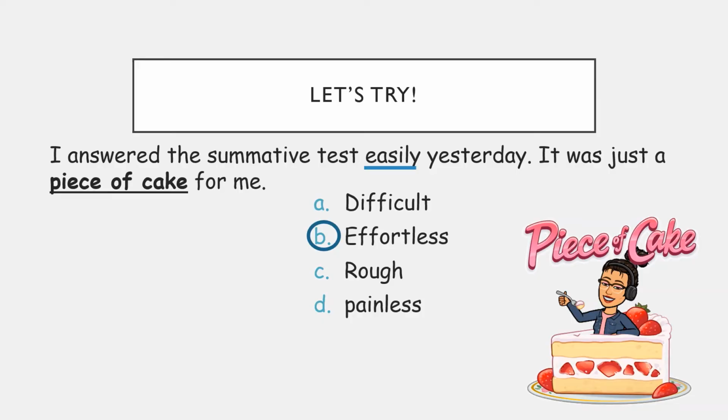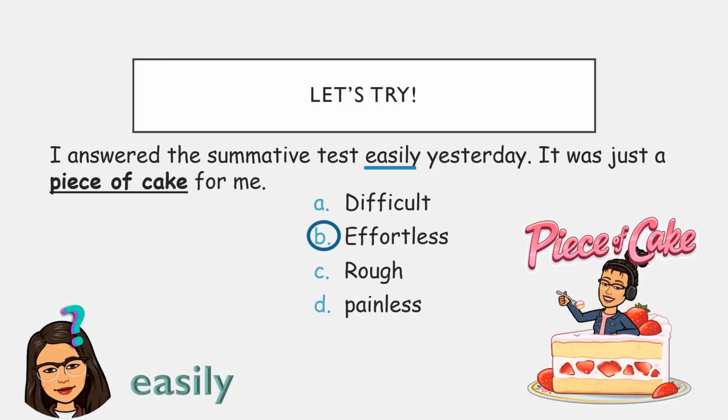How did I figure out the answer? Let's try to examine this closely. The word easily, the one that I underlined. Easily is a word which is actually from the base form easy, and then I add letters or a syllable to it at the end, which is ly. So easy plus ly is equal to easily.